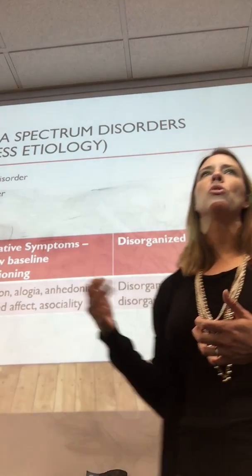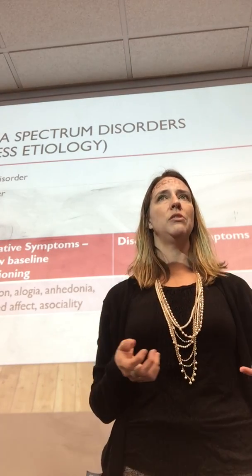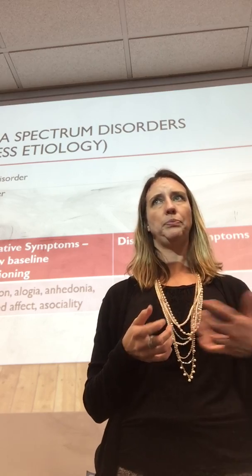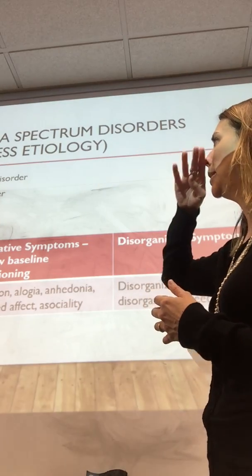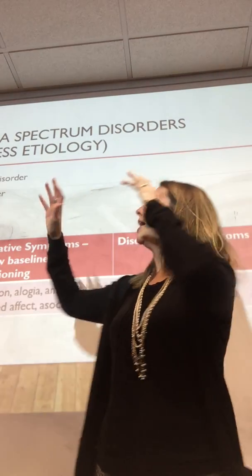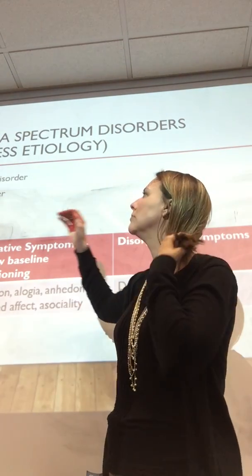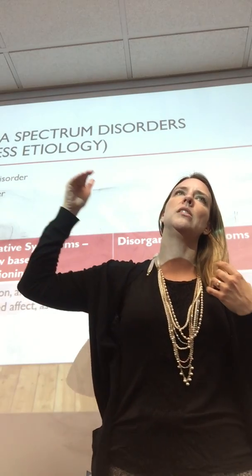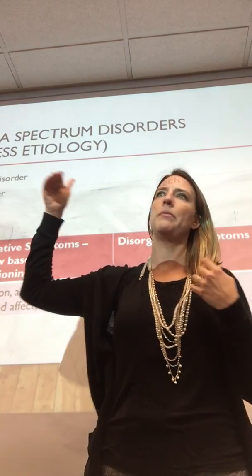And then the delusional disorder is just the presence of delusions in the absence of some of the other schizophrenia symptoms. And schizotypal personality disorder is that magical thinking that doesn't quite rise to the level of a schizophrenia diagnosis, okay?